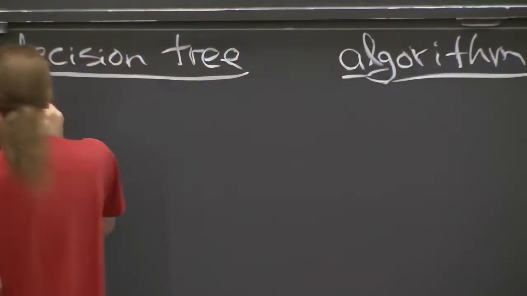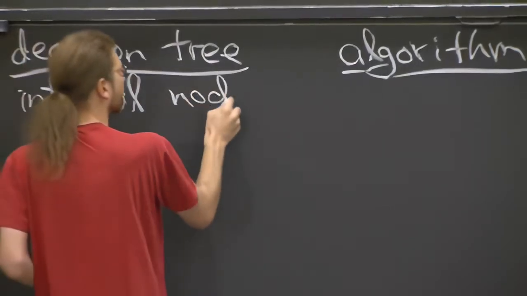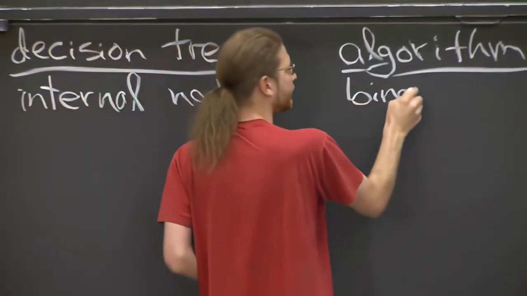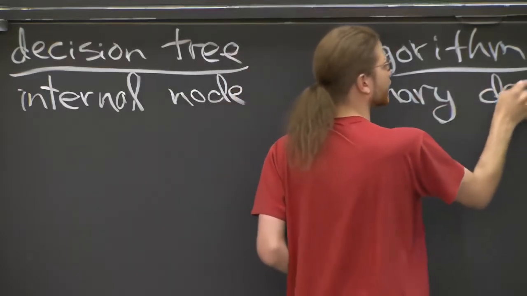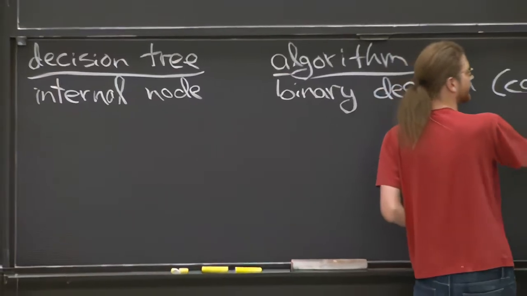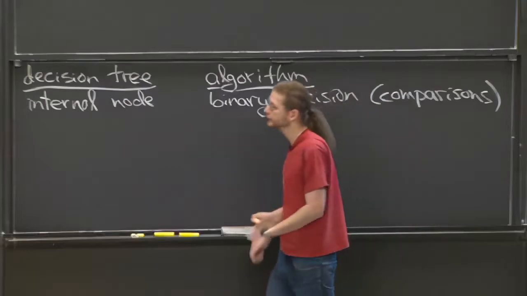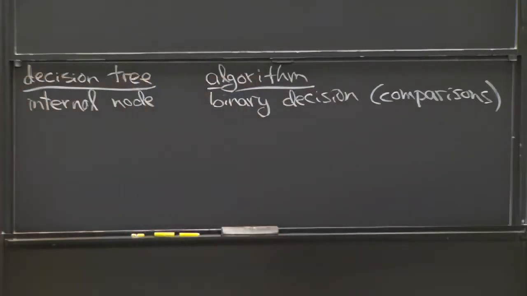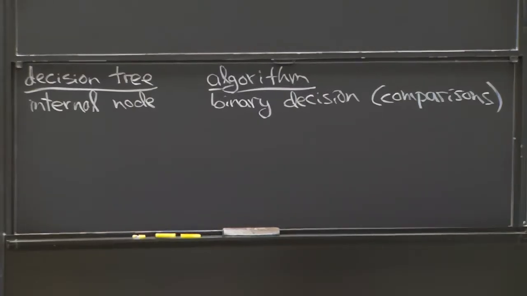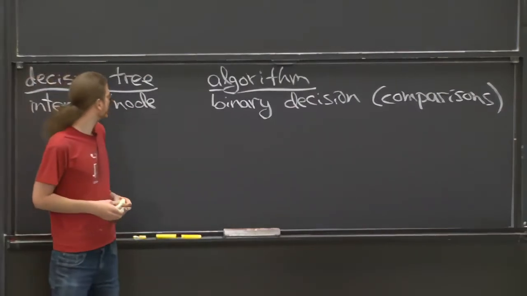And so when we have an internal node in the decision tree, that corresponds to a binary decision in the algorithm. In this case, we're only looking at comparisons. Slight technical detail, decision trees are a little more general than comparisons. It could be any binary decision here. And everything I say will be true about any binary decision you make. But comparisons are the ones we kind of care about because all of our algorithms are doing that.